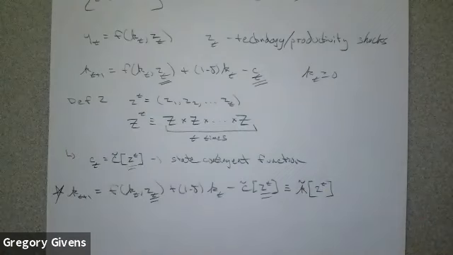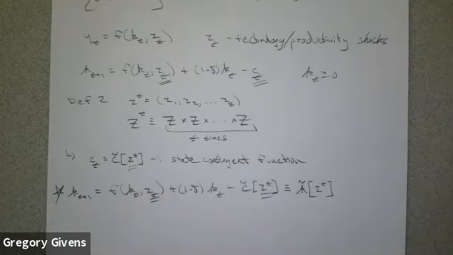Now you'll notice that Kt plus 1 does not depend on Zt plus 1. Please be careful about that. When the planner at date t is choosing consumption, she's also choosing what Kt plus 1 is going to be. But she doesn't know what the actual value of Zt plus 1 is going to be until the beginning of the next period.